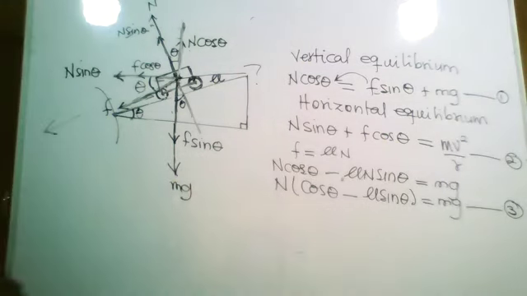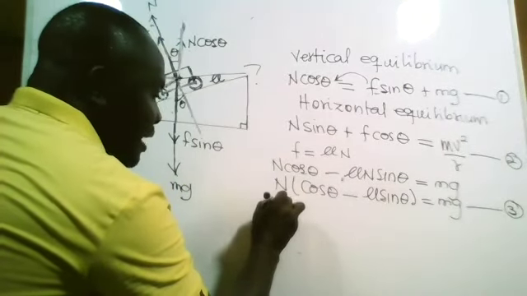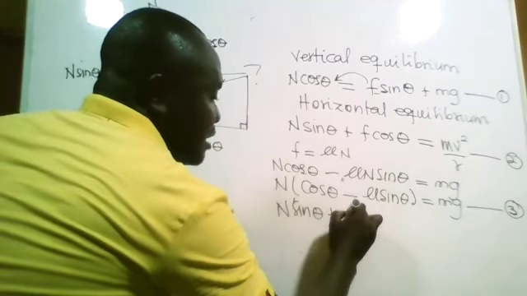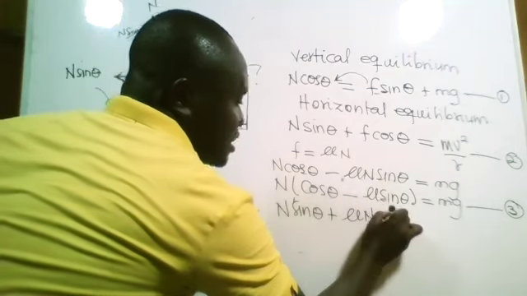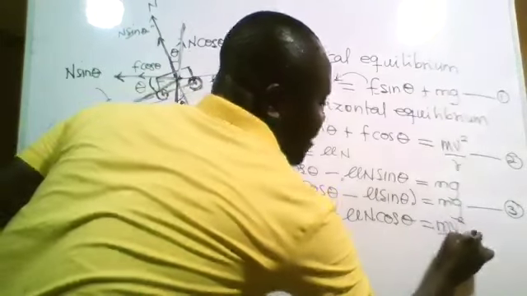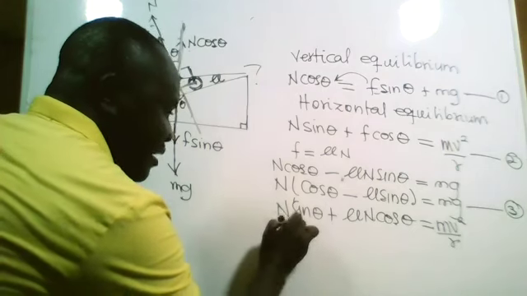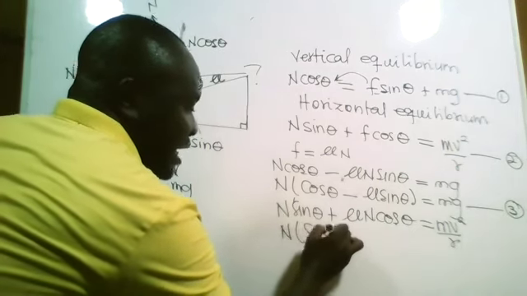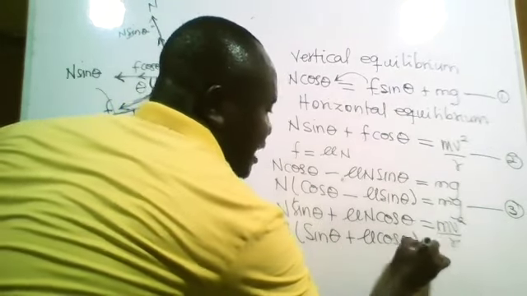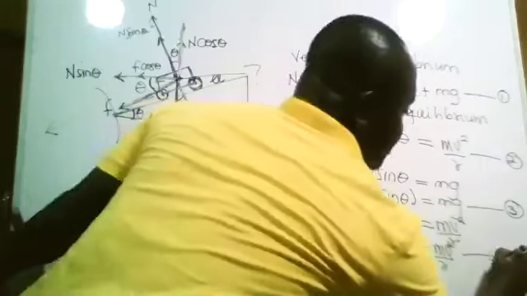Yes, please. Good. Let's also modify equation 2. We have N sin theta plus mu N cos theta equal to mv squared over r. We can pull out N so that we have N times sin theta plus mu cos theta equal to mv squared over r, equation 4.